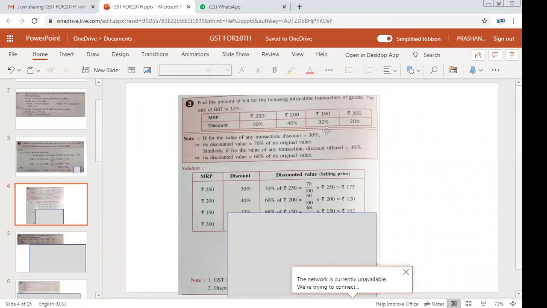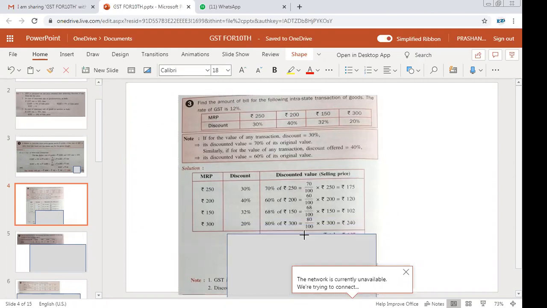Then on 150, the discount given is 32%. So how will we calculate the discounted value? 100 minus 32, that will be 68% of 150. And 68% of 150 will become 102.